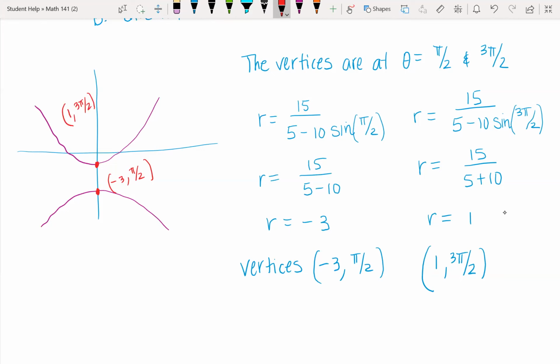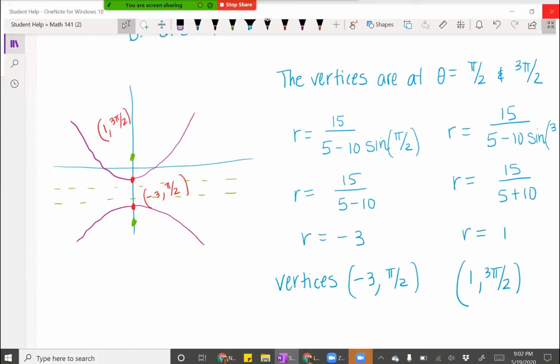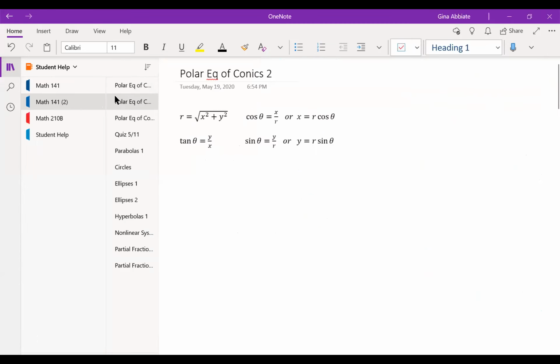So you're moving away from pi over 2, so it's going to be -3 down. So those are where those 2 points are coming from. And then again, the directrix for these, there are 2 directrix lines which are cutting through the middle here. And then the focus points will be on the interior like this. Again, you can go to Desmos and you can graph these to see what they look like.